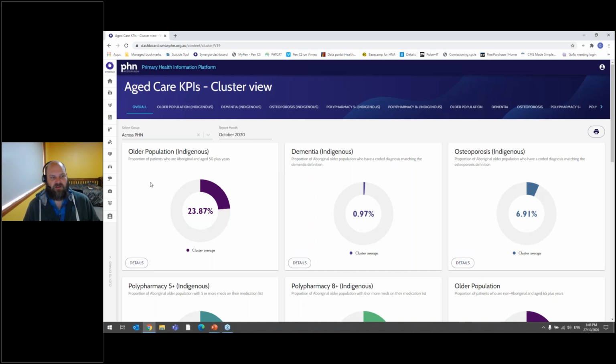So you'll note here that we've got the proportion of the patients that are active patients across the PHN that are 50 or over that are Aboriginal or Torres Strait Islander. 23% of your Aboriginal patients meet that criteria. And of those, you can see those that you've got listed as having dementia, and those that have been coded or listed as having osteoporosis.